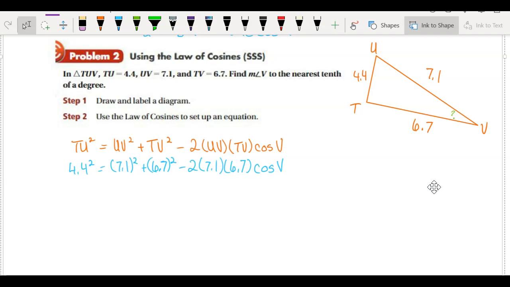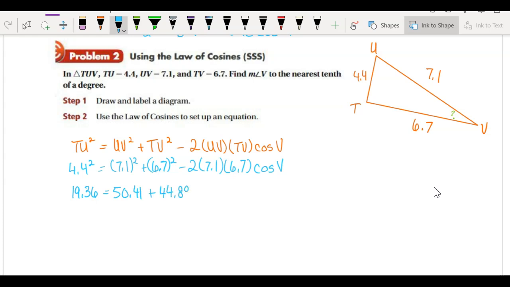If you plug that into your calculator, you are going to get 19.36 is equal to 7.1 squared is 5.41 plus 44.89 minus, I'm going to multiply 2 times 7.1 times 6.7. That's going to give me 95.14. And then I've got the cosine of V.